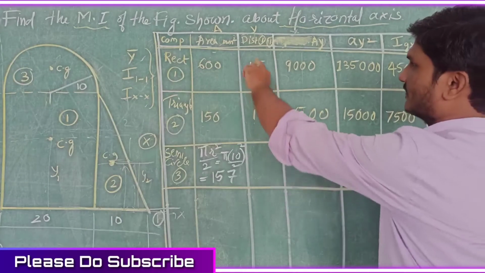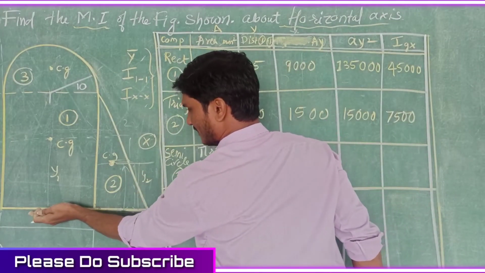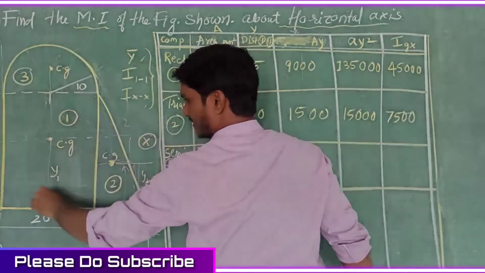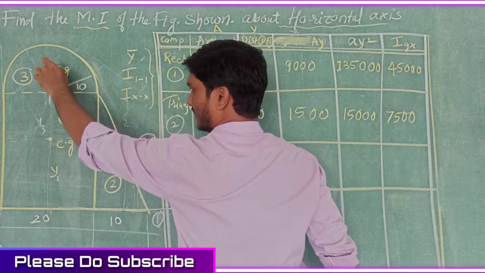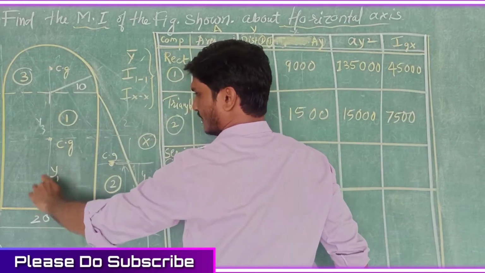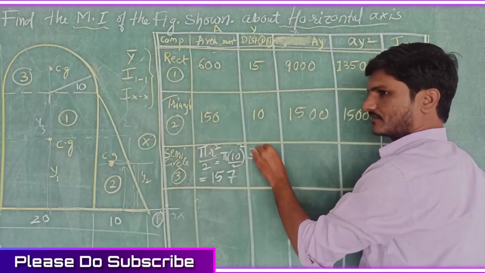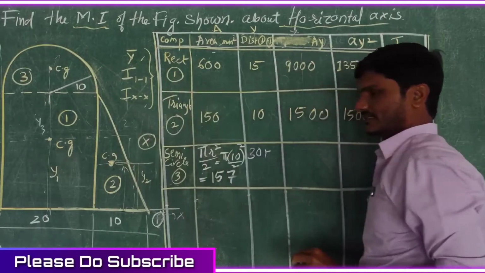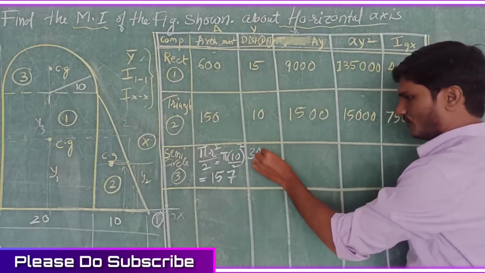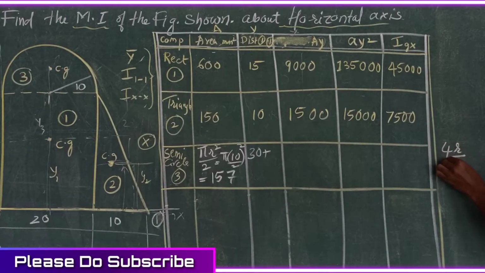Now similarly, the y distance from the reference line. From this reference line you need to calculate the y distance. So this will be your y3 value. From here to here, first you have to add this one, so plus 30, plus this distance from here to here, which is 4r by 3 pi. So what is the value of r?